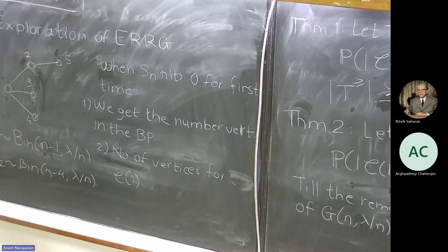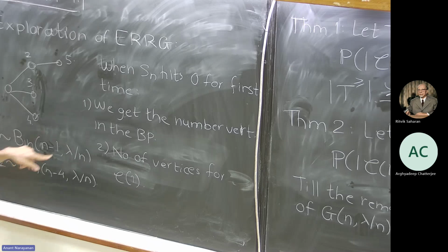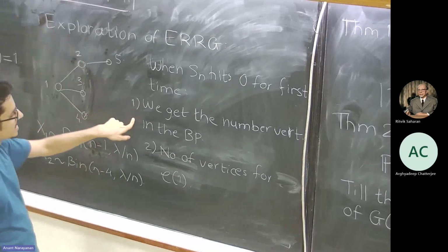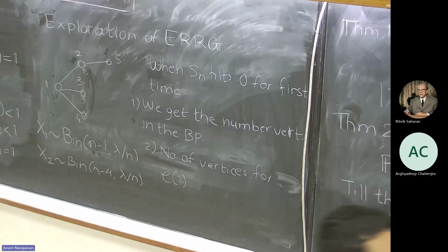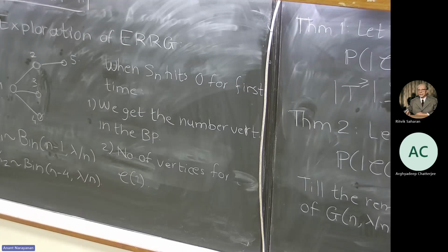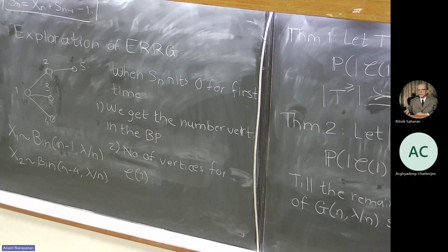Since I defined Sn for both the branching process and the Erdős–Rényi random graph, whenever Sn hits 0 for the branching process exploration, I get the number of children, or the total progeny in the branching process. For the random graph, the size of the component.